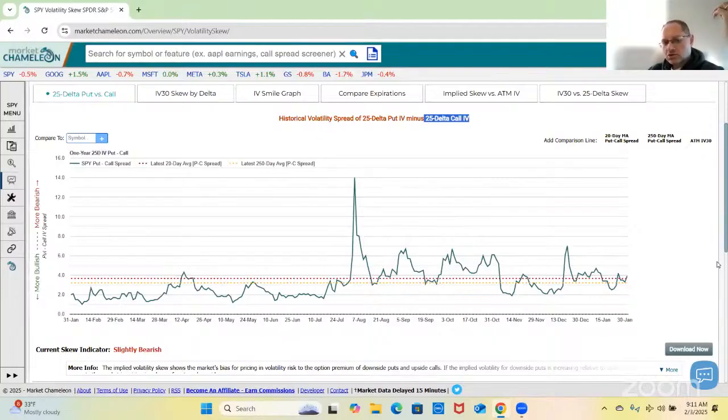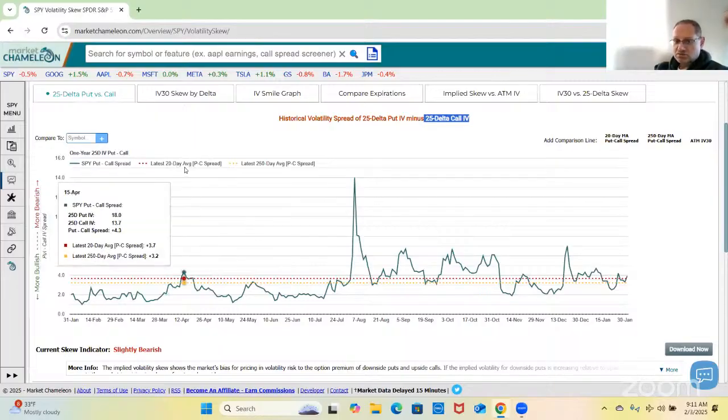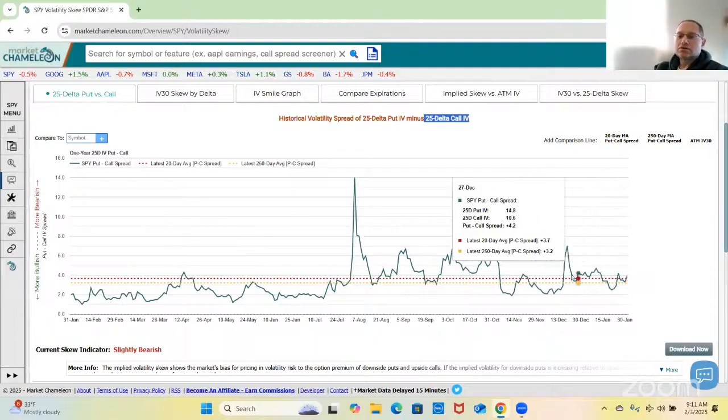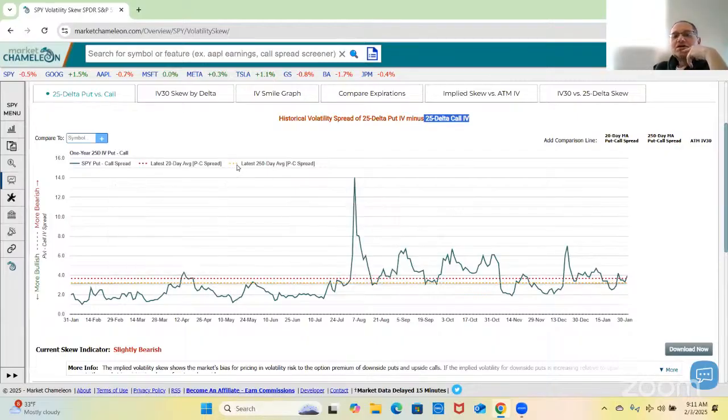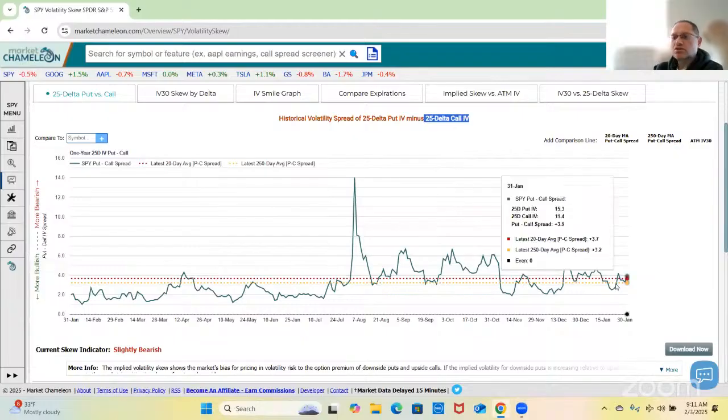So here we have 2 dotted lines. One is the 20-day average. Okay, so this is the last 20 days. That's the red line. It just takes the last 20 days and goes all the way across. And then you have the average of the last 250 days. So it takes the last 250 days, takes the average skew, and that's the yellow line.